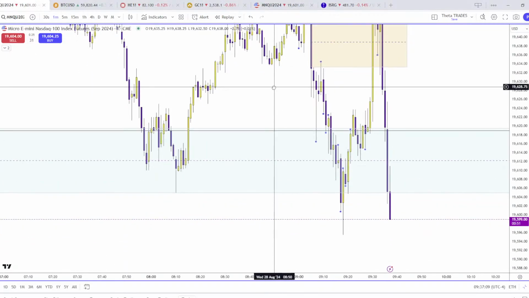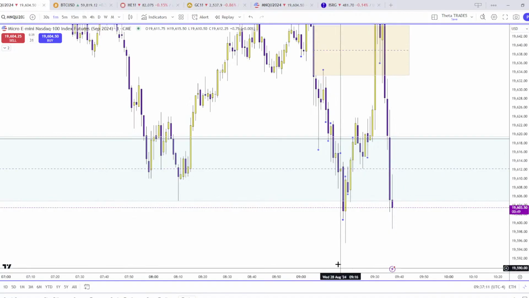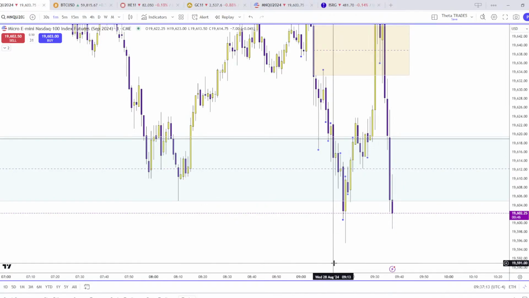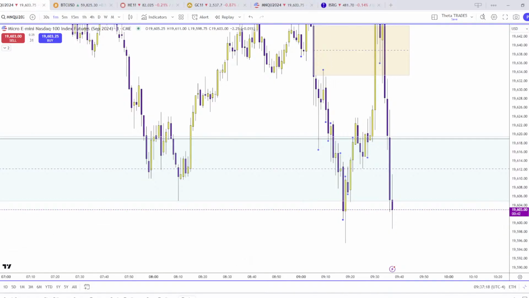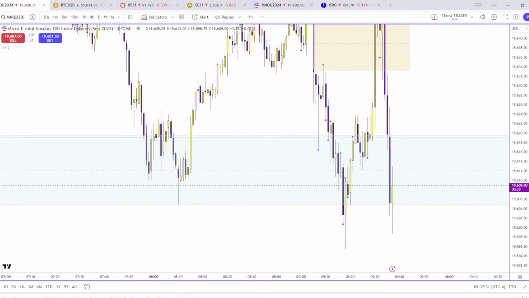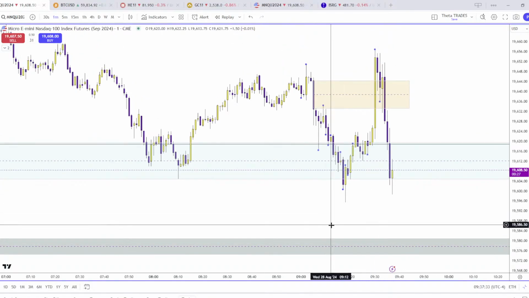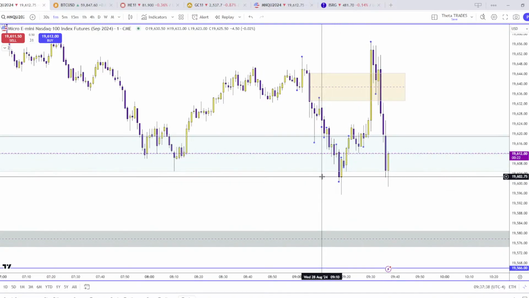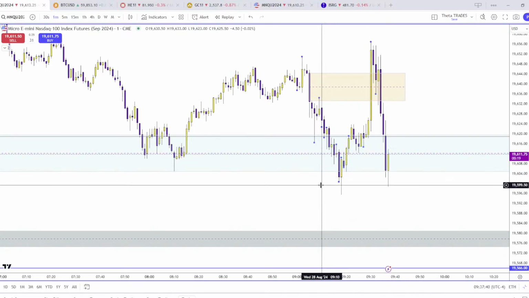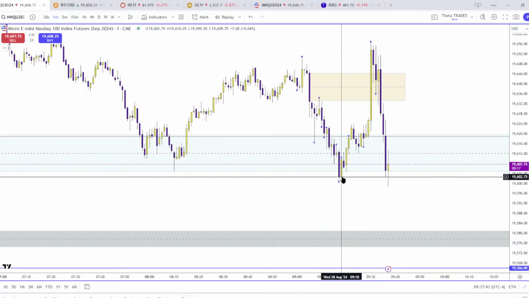We might just take these lows out here and look for there's a little tiny imbalance on the 1 hour, 541. So I'll look at that. 50% of this wick.